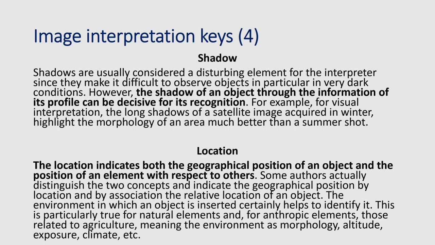This is particularly true for natural elements and for anthropic elements, those related to agriculture, meaning the environment has morphology, altitude, exposure, climate. To make this concept clear, the concept of location is very simple for us.